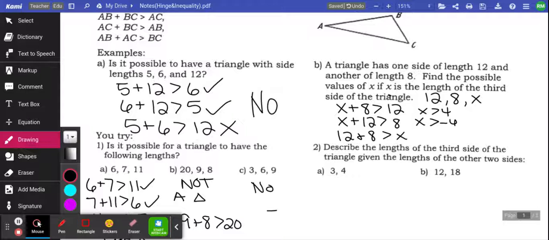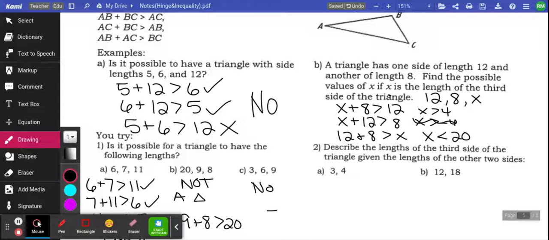Well, that one doesn't really matter to us because we can't have a negative side length. So you could kind of just not even think about that one. Okay. And then the last one we get is x is less than 20. Is that what we got? So x can be in a range. It's got to be greater than 4 and less than 20. Makes sense?